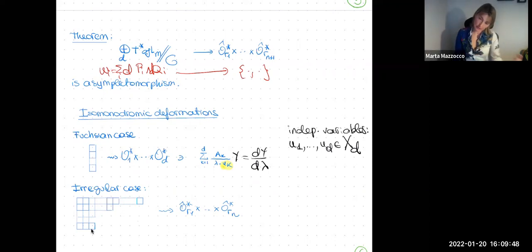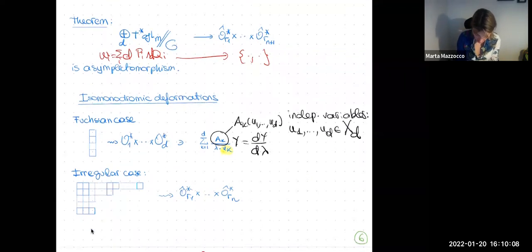Then I impose that the holonomy is constant, and what we find is that these matrices A become functions of the position of the poles. That's the standard case, which is well understood.